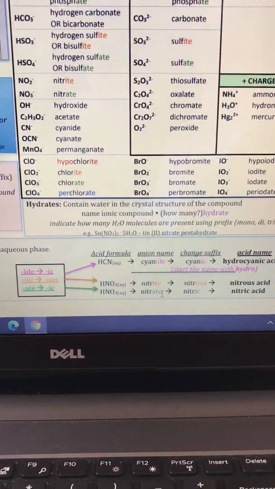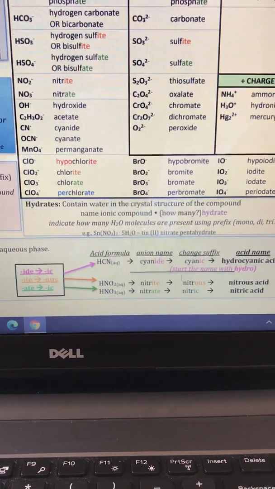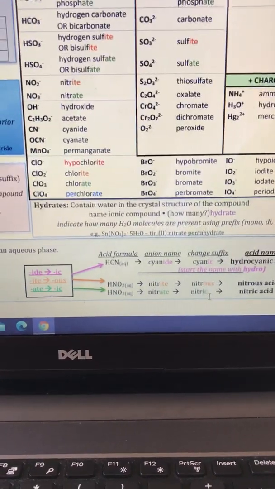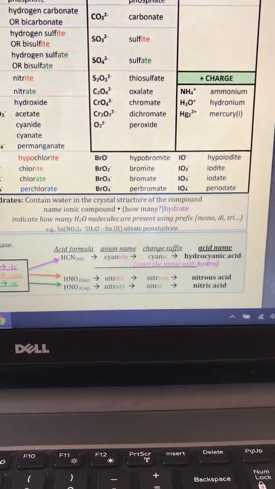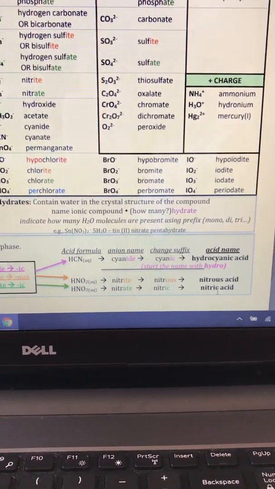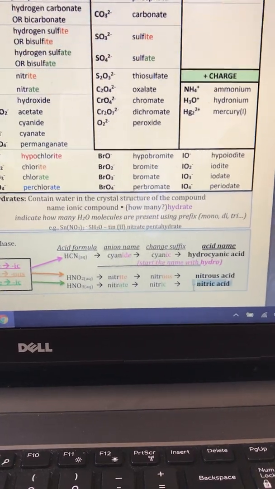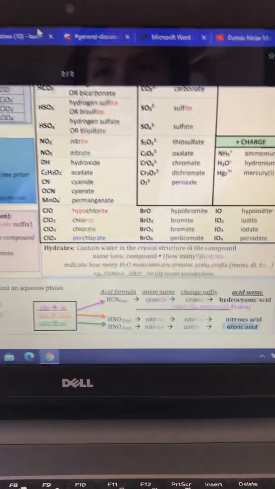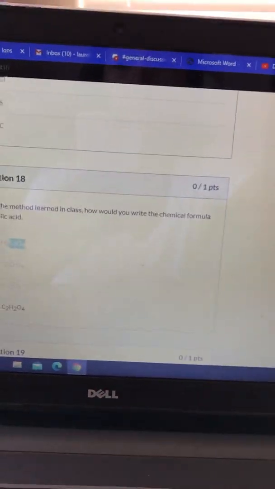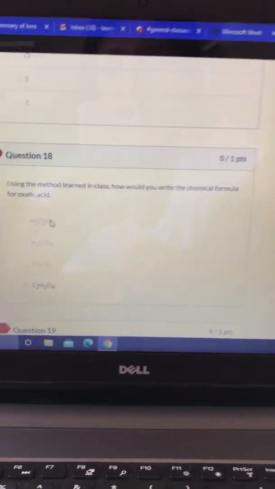That would go right here. That's going to change the suffix to oxalic. And then we're going to add the acid name to produce our final answer of oxalic acid. And that is what we are looking for.